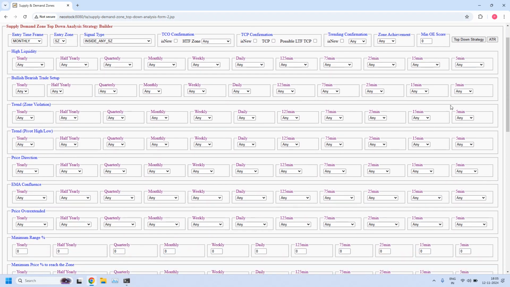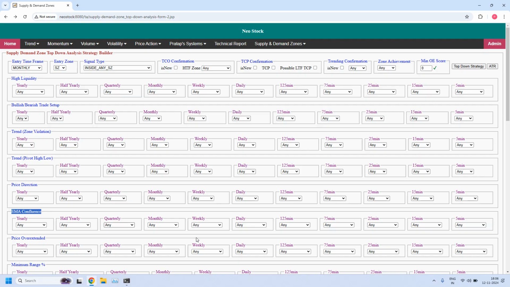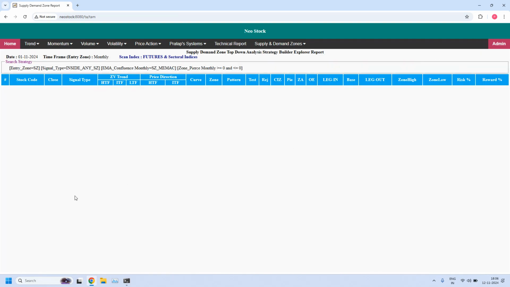That means zone is not pierced. We got 3 stocks. In these 3 monthly supply zones, any monthly EMA Confluence, let's verify. In the EMA Confluence, monthly time frame, monthly supply zone with monthly EMA Confluence. We did not have any stocks.